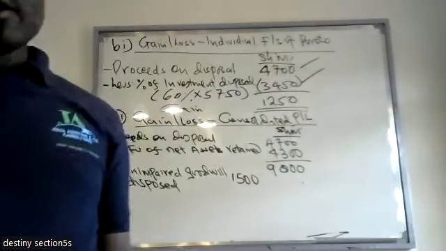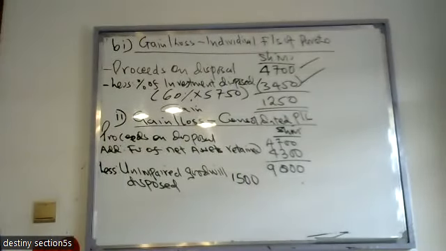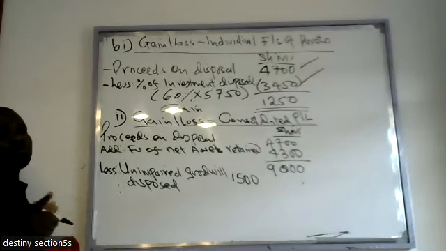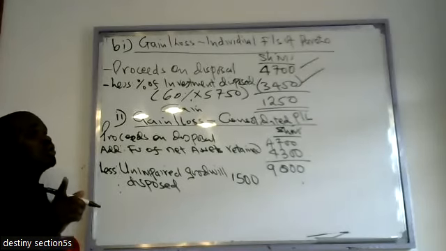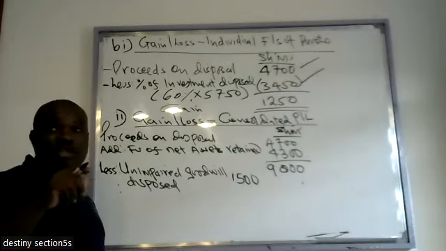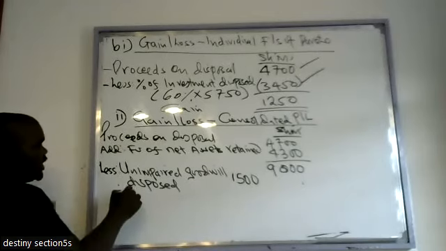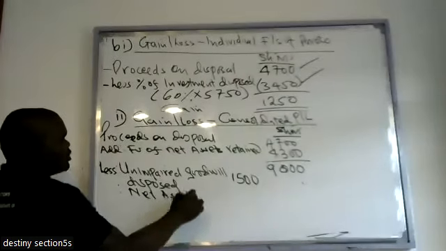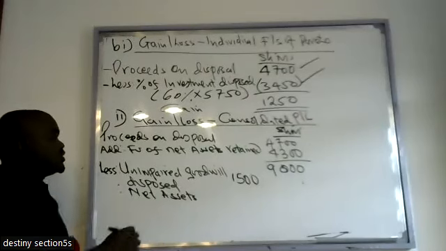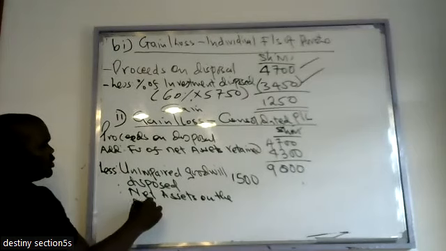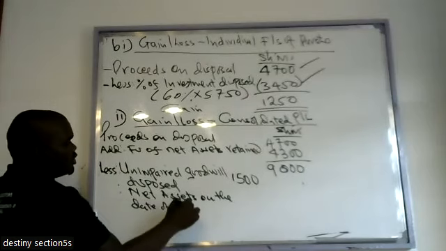Then on the same date, there was net assets. This was their goodwill, but also there was net assets on that date. So net assets on the date of disposal.